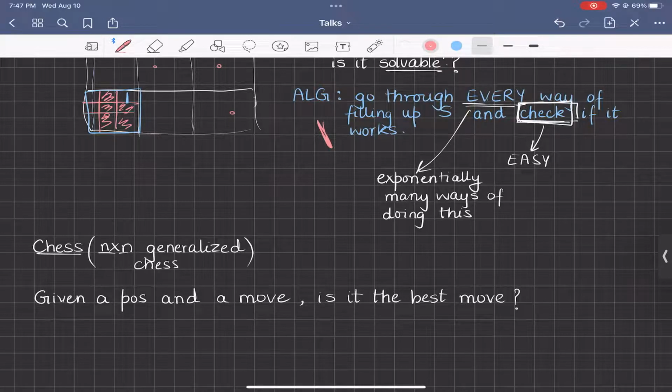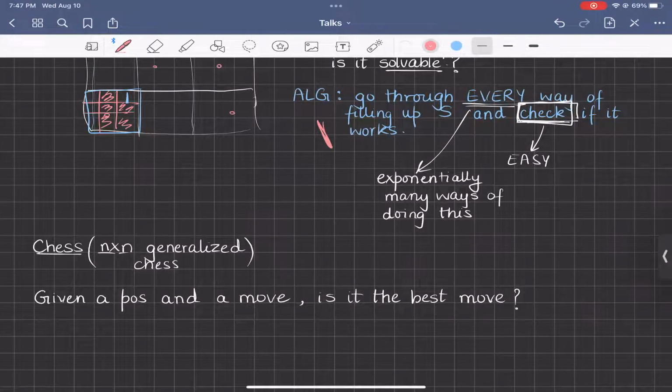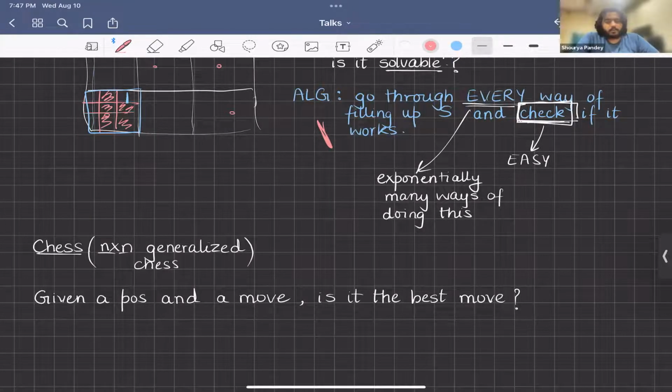Well, we can brute force all possibilities, right? Yeah, and how long does that take? Yeah, probably even more than exponential.